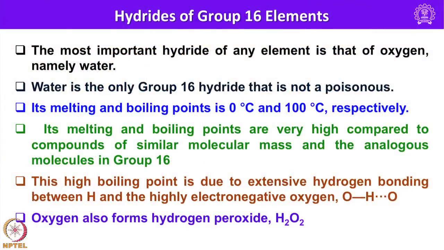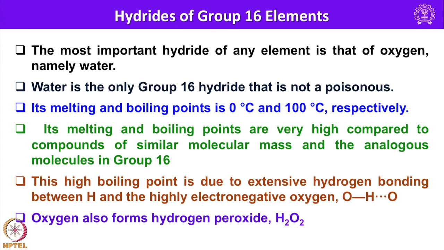Now, let us look into the hydrides of group 16 elements. The most important hydride of any element is that of oxygen, namely water or oxane. Water is the only group 16 hydride that is not at all poisonous.